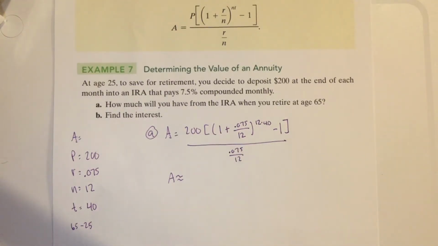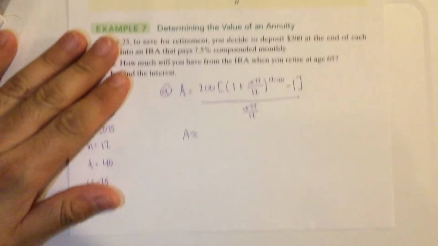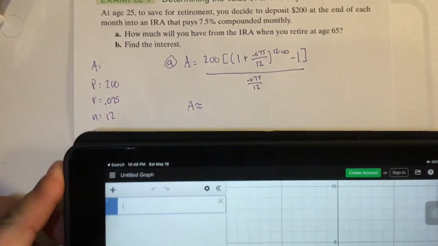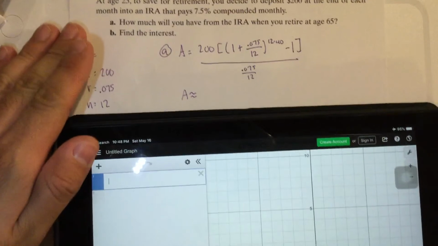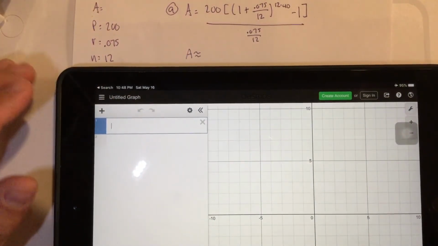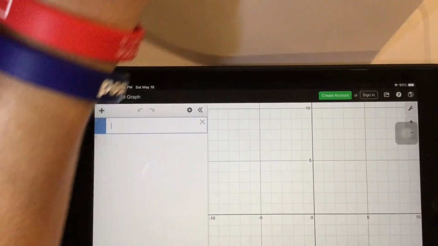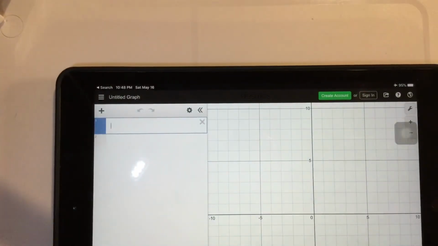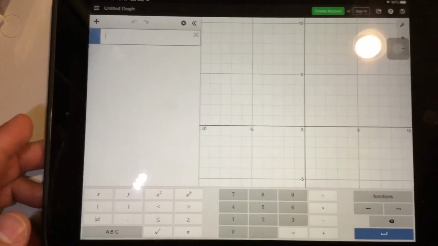I'm going to go to Desmos. So let me fit this on here. So there's the formula. I'm trying to move it up as much as I can. There we go. All right, so I'm just plugging in, but maybe you want to see the screen of what I'm doing. So here is the whole thing.